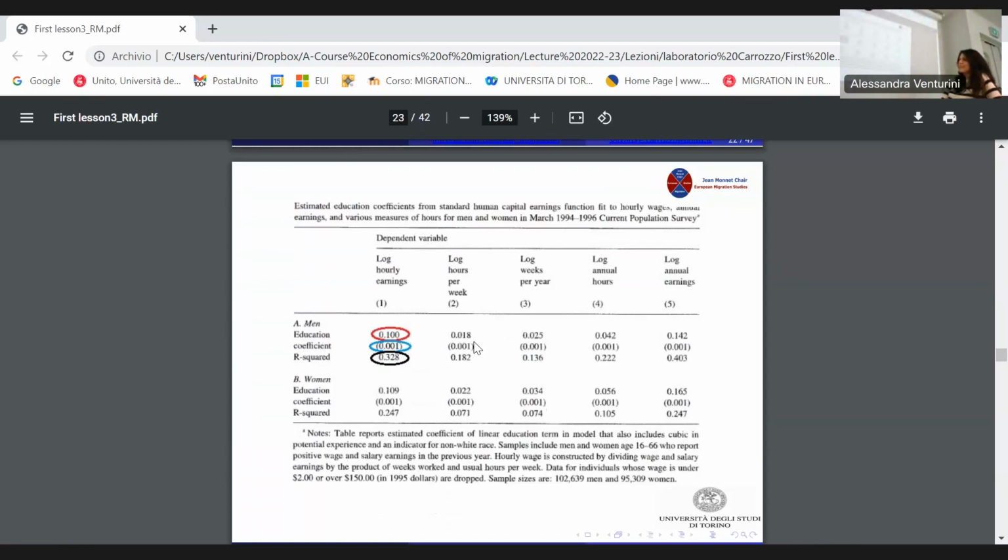You cannot see. Okay, here is 0.100. And here is 0.001. What does it mean? The error is very low, very small. So the variable is significant. This has 3 stars.